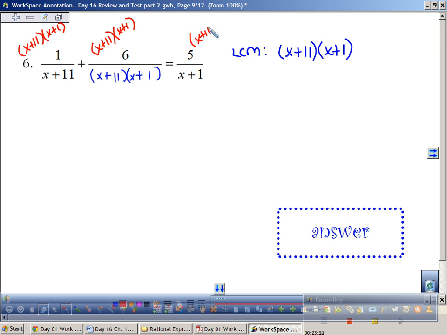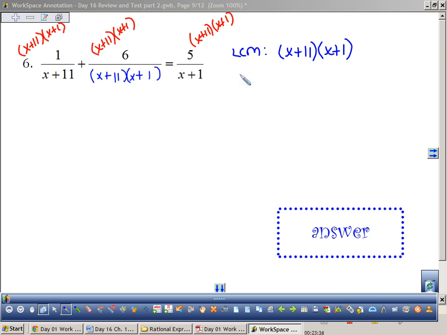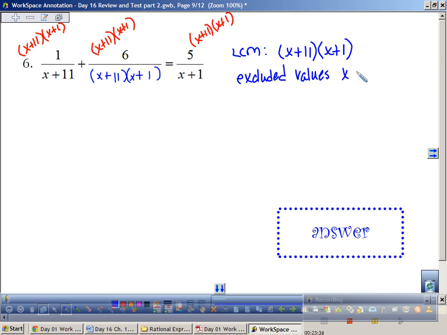Somebody said they wanted to see the excluded values in the beginning. What are the excluded values? X cannot be -11 or -1.